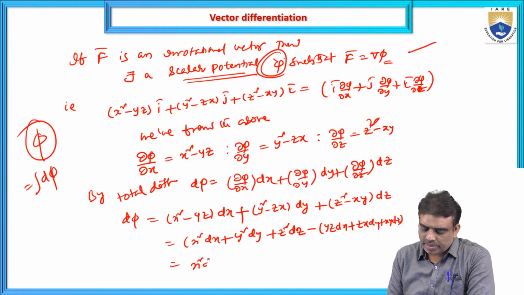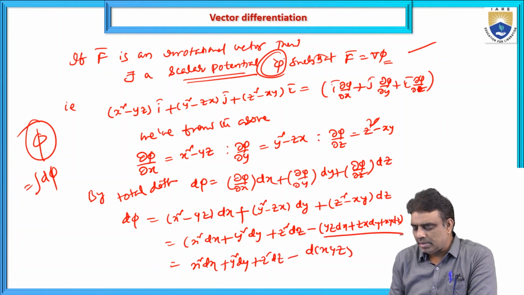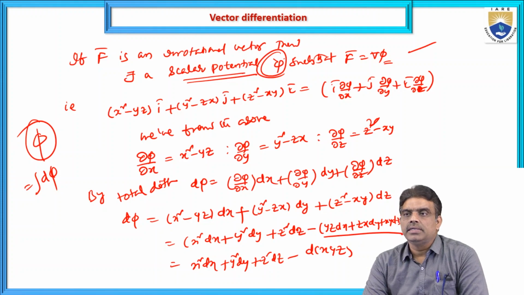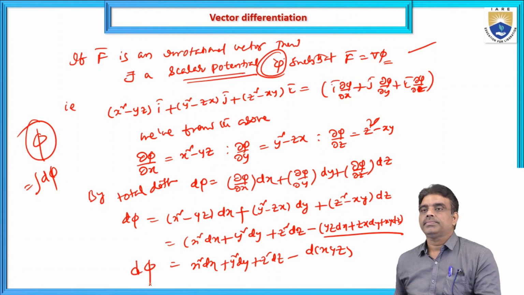The whole thing in brackets can be written as d of xyz. This is dφ.